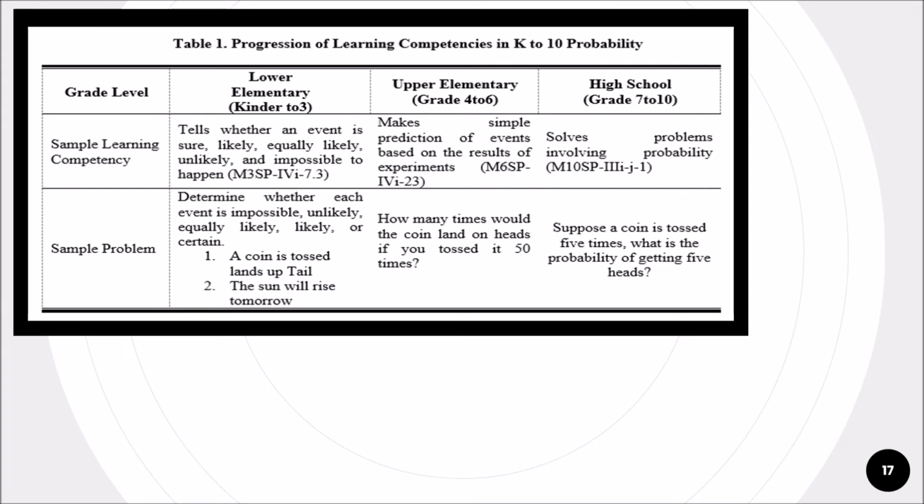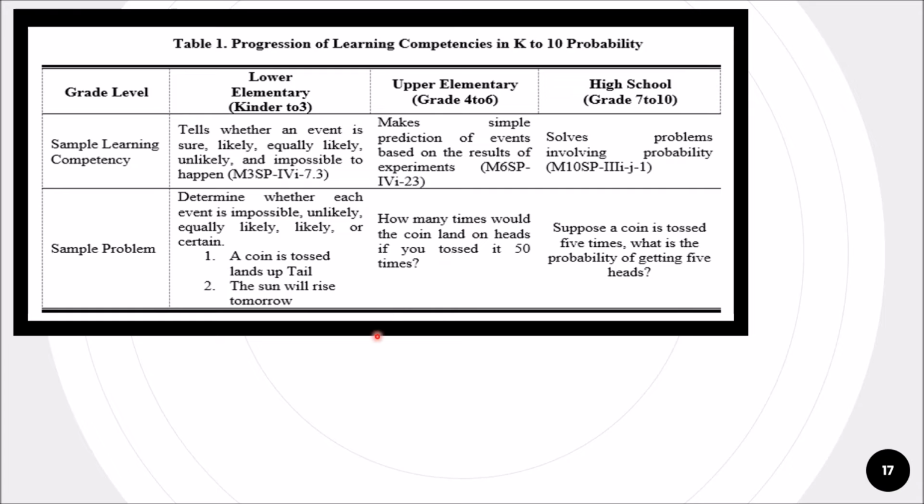In lower elementary, the K concept in probability is about predicting outcomes and was seen evidently from the sample learning competency. Tells whether an event is sure, likely, equally likely, unlikely, and impossible to happen.